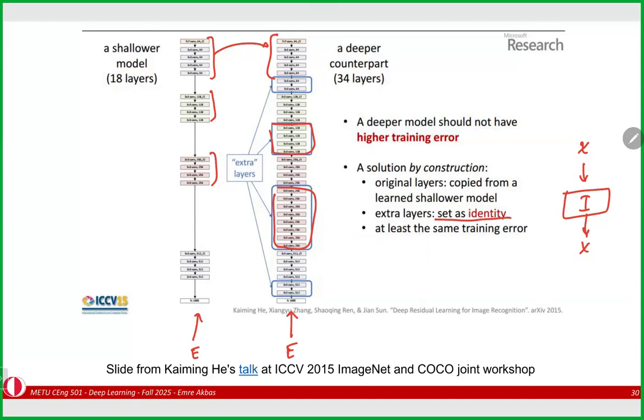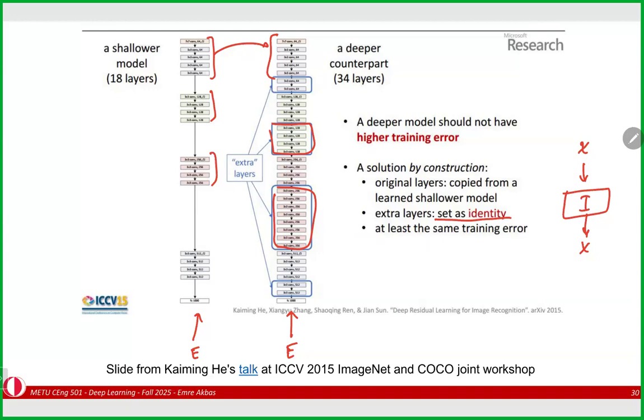Now, when you start training, with gradient descent, with small enough step size, you should do better than this error rate. So that error rate should start to decrease. But if you initialize these things other than identity, then at t equals 0, you will get a higher training error, even though you have more capacity.